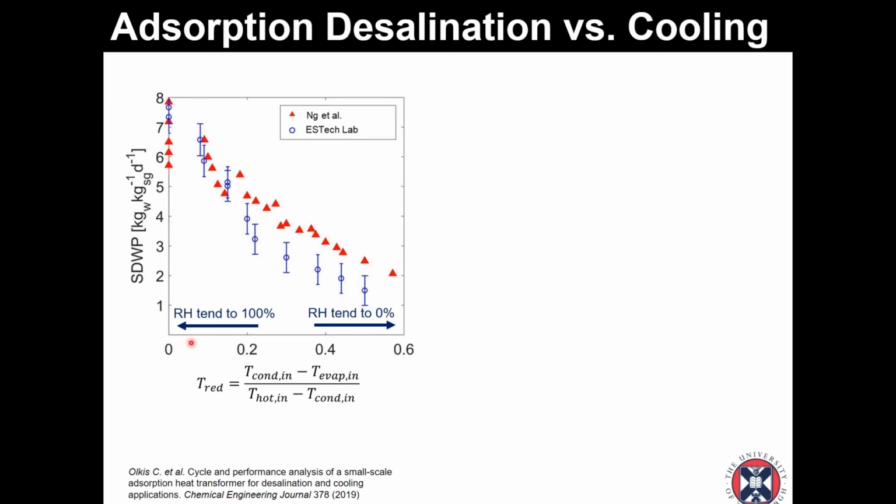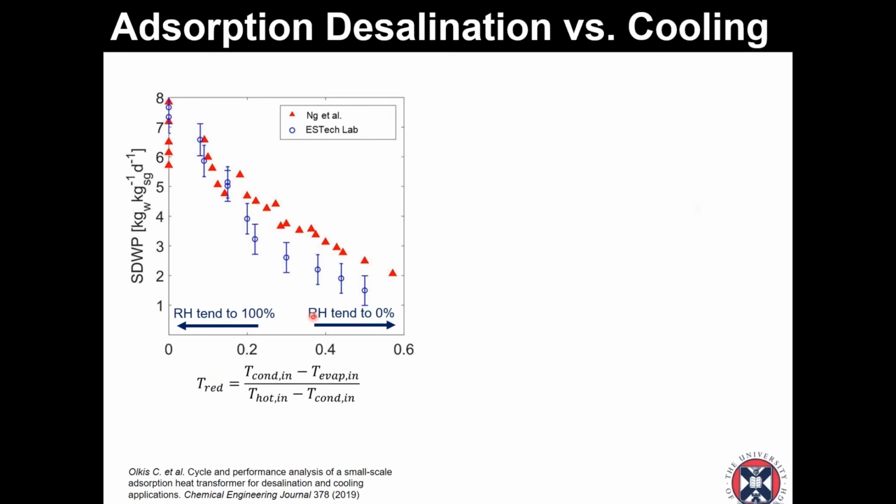When we are far from 0, at higher T-red, we have lower water production. There is a correlation between T-red and relative humidity. Low T-red means high relative humidity, and high T-red means low relative humidity.